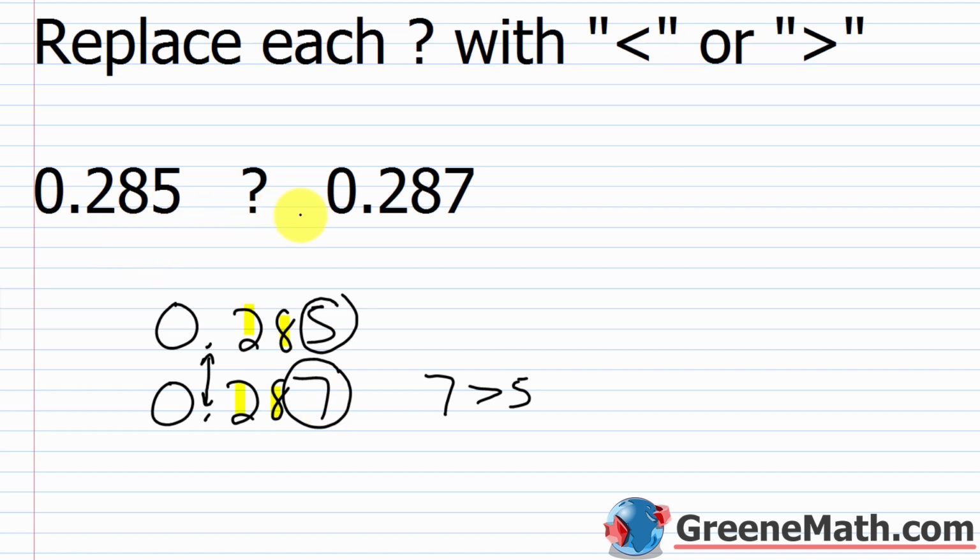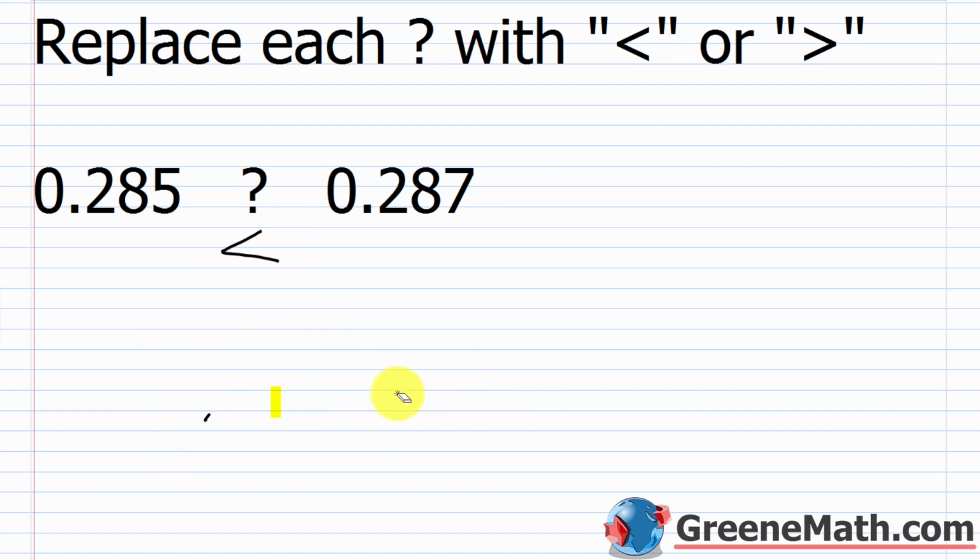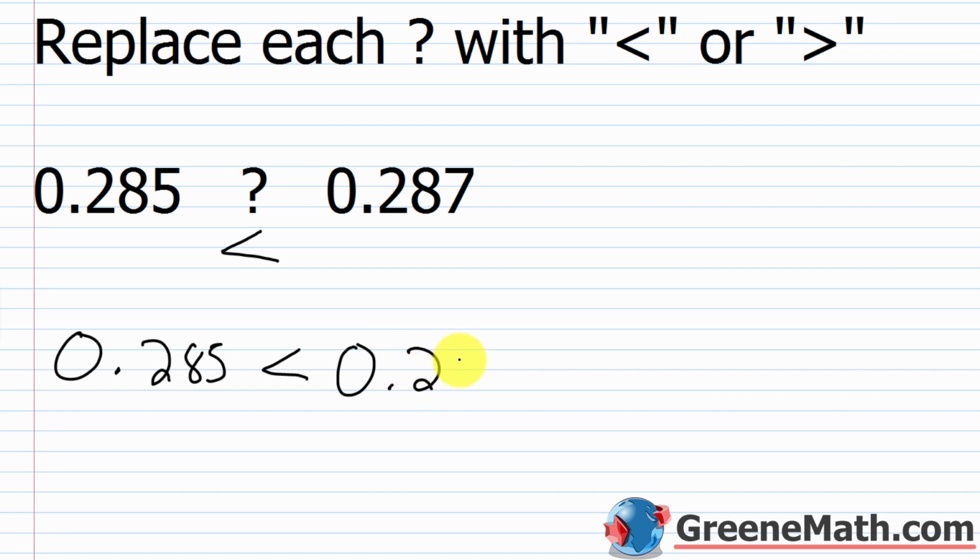So for this relationship here, the number 0.287 is bigger, so I would put a less than sign in here to replace that question mark. Let's go ahead and officially do that. 0.285 is less than 0.287. And again, that's because this 5 here, that's in the thousandths place, is smaller than this 7 that's in the thousandths place for this number.